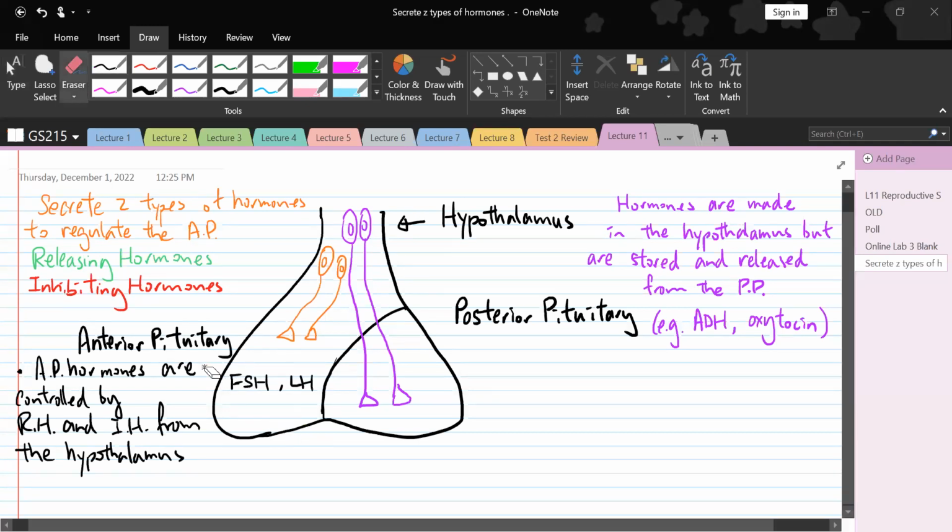In order for the anterior pituitary gland to release FSH or LH, they must have a trigger from the hypothalamus, and that trigger comes in the form of GnRH. So GnRH is gonadotropin.